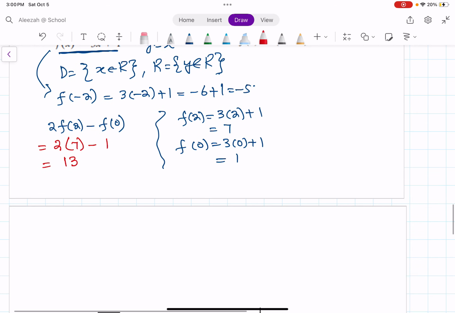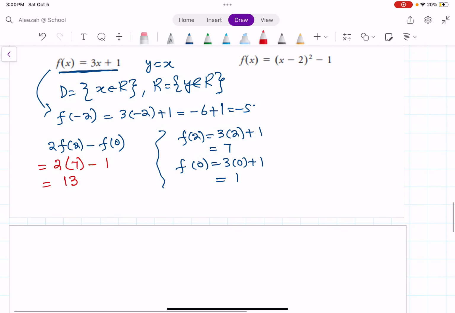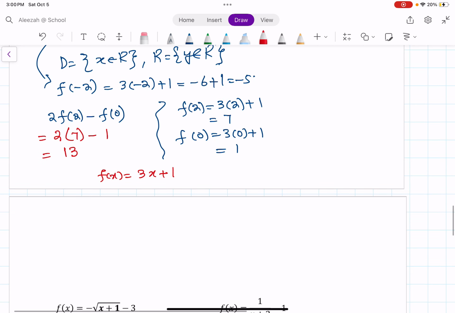Next, if I have to find the inverse of that, my function is f of x equals 3x plus 1. The first step to find the inverse is we replace f of x with y. So y equals 3x plus 1. Then we switch the variables, so it will be x equals 3y plus 1.